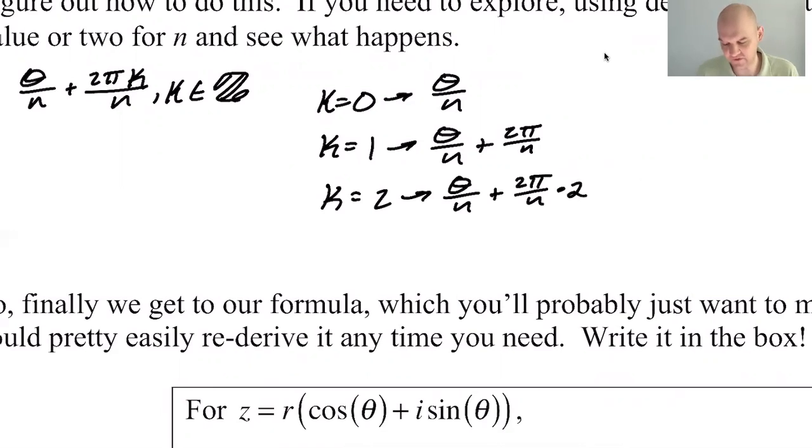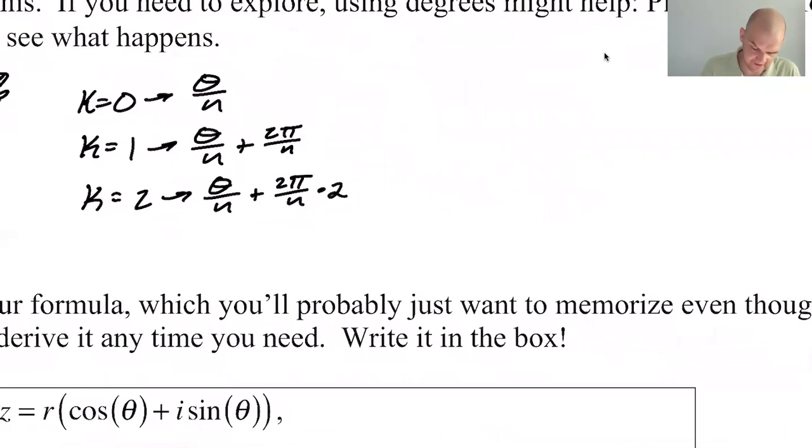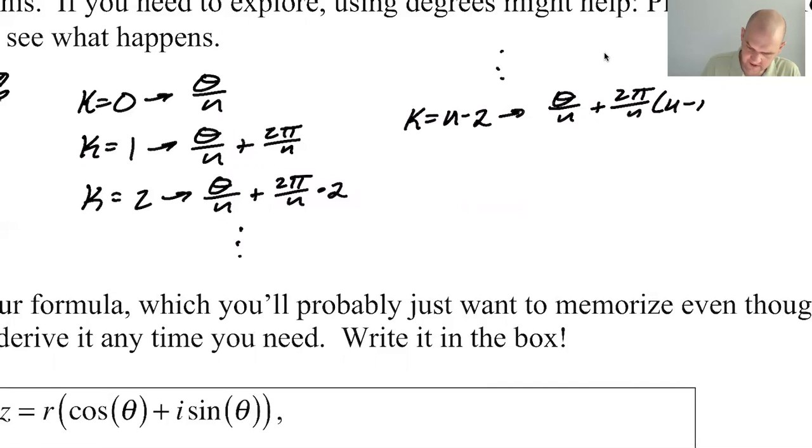And I can just keep going, dot, dot, dot. Eventually I'm going to get to k equal to n minus 2, which gives theta over n plus 2 pi over n times n minus 2. And then k is n minus 1: theta over n plus 2 pi over n times n minus 1.